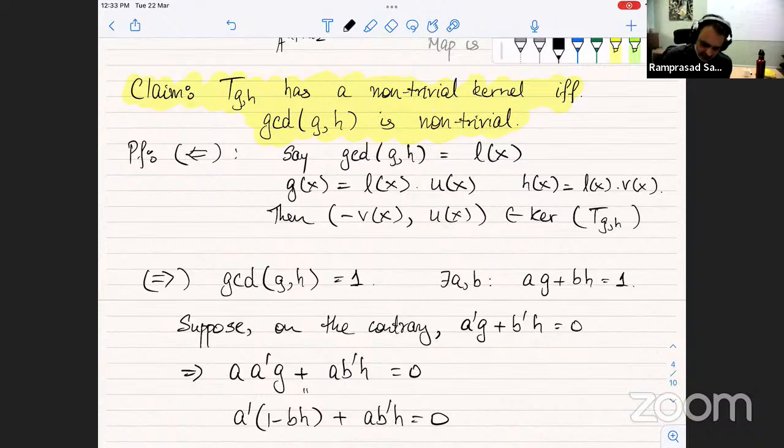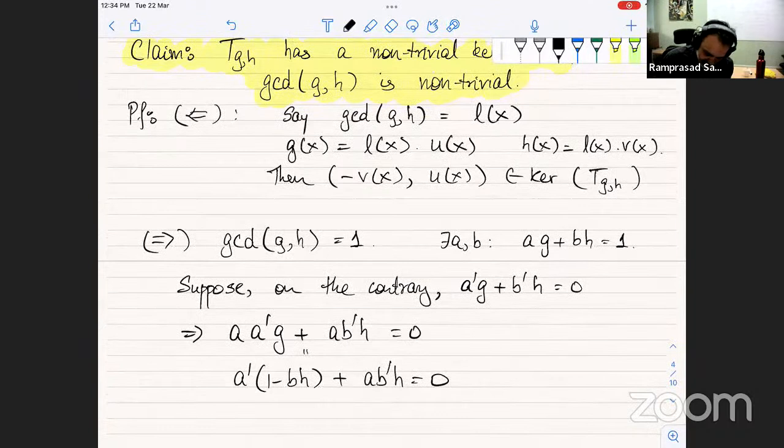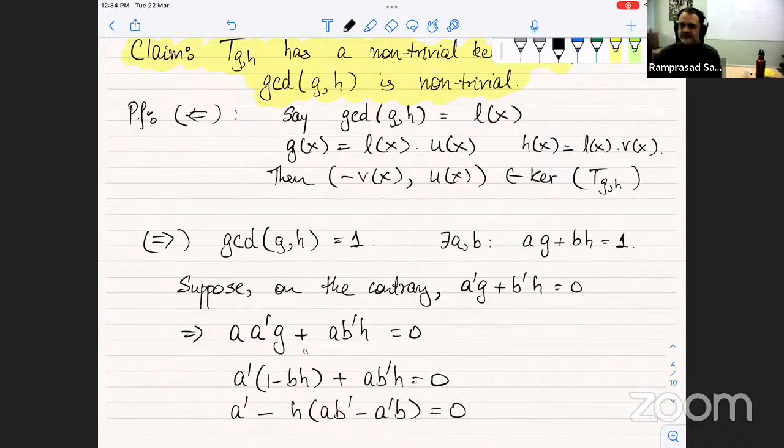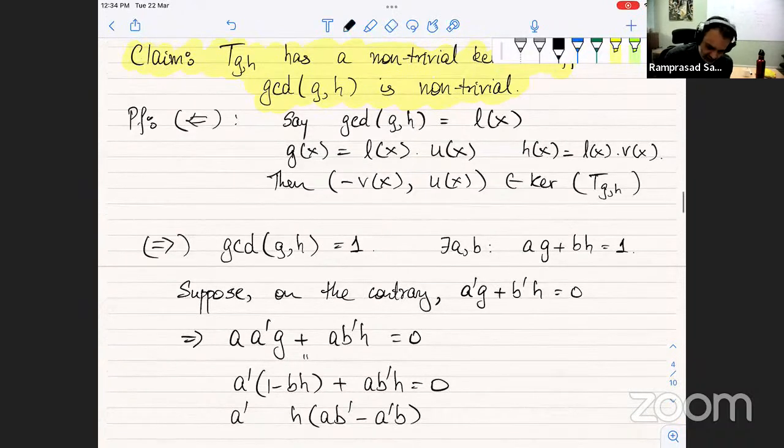So if you just rearrange things, what you end up getting is A prime equals H into, what do you end up getting? H into A prime B minus A B prime. So in other words, this equals this.